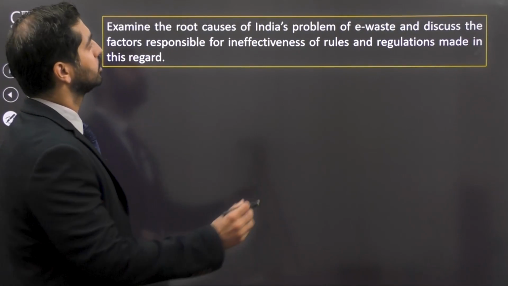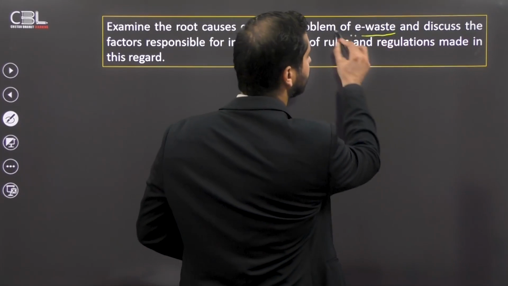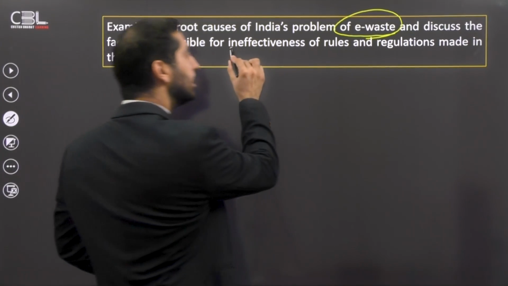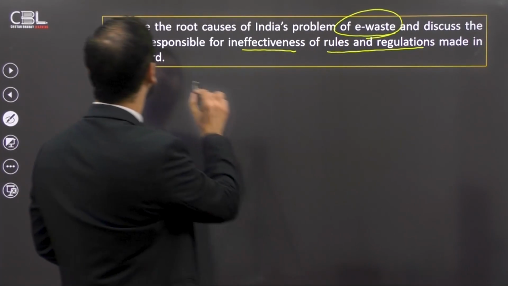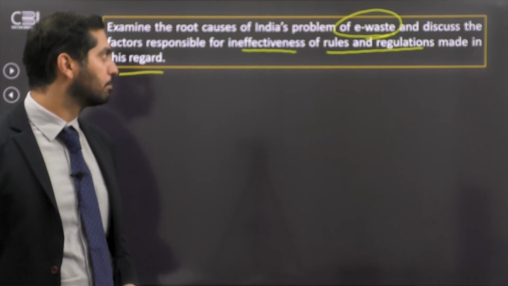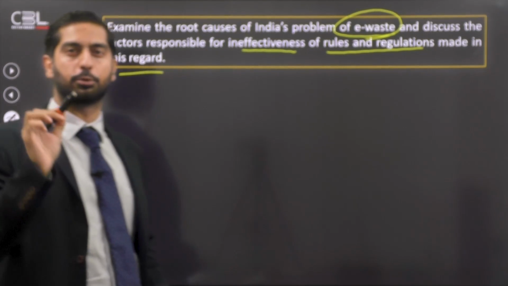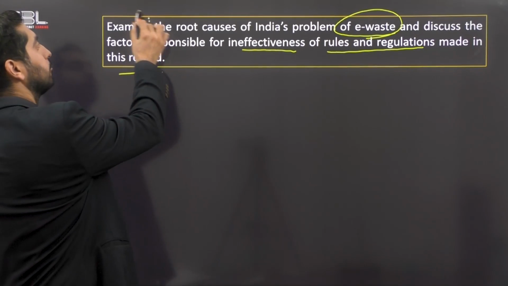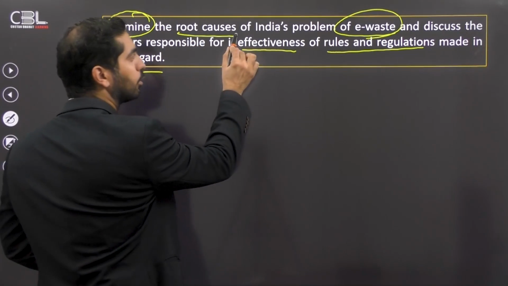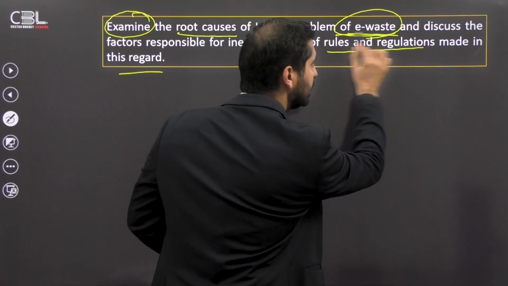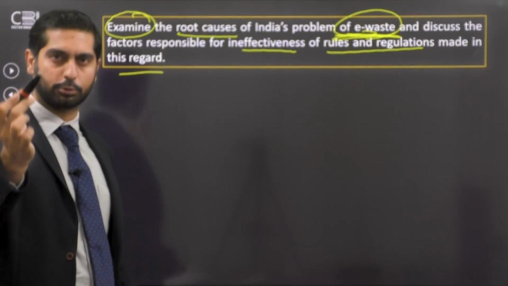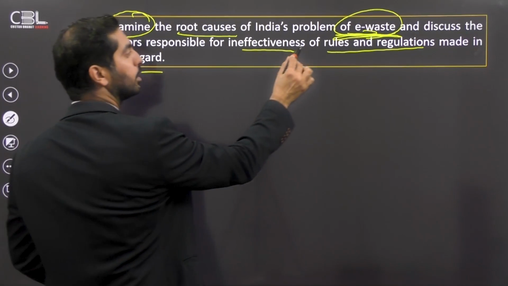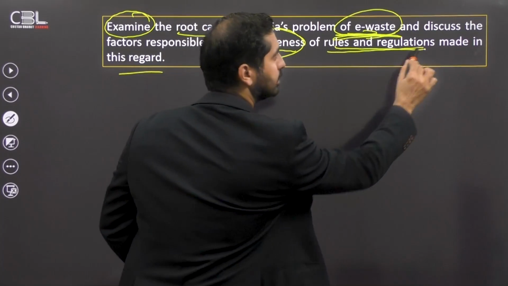Examine the root causes of India's problem of e-waste and discuss the factors responsible for ineffectiveness of rules and regulations made in this regard. So what are the different aspects that are touched in the question? We have to examine the root causes of India's problem of e-waste, and then discuss the factors responsible for ineffectiveness of rules and regulations.